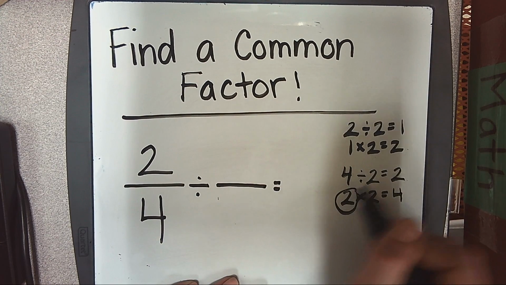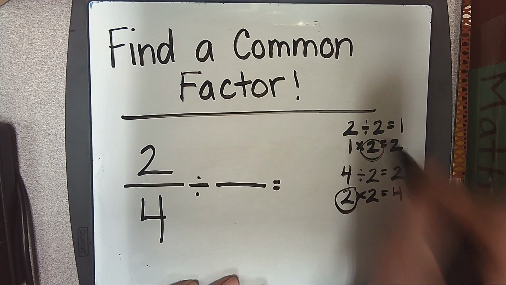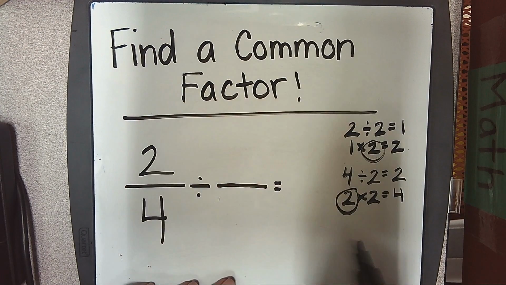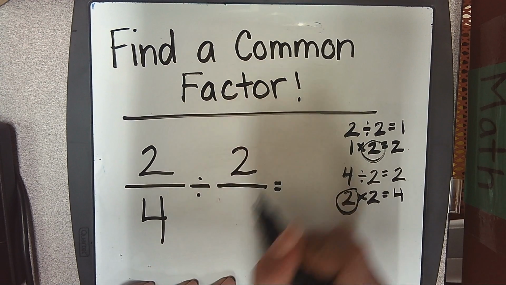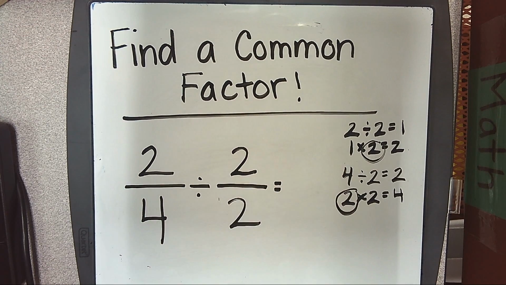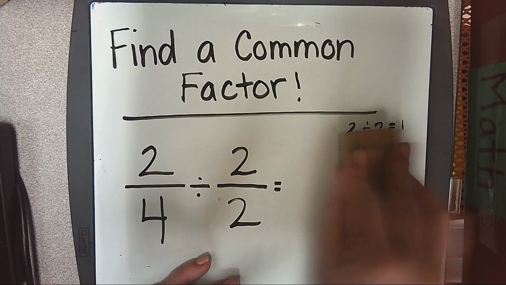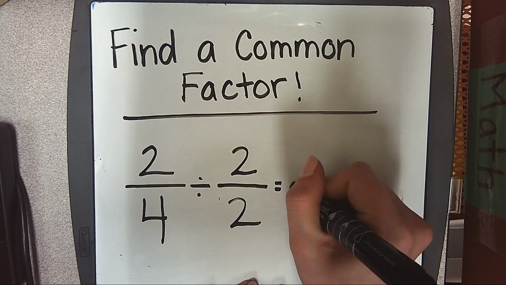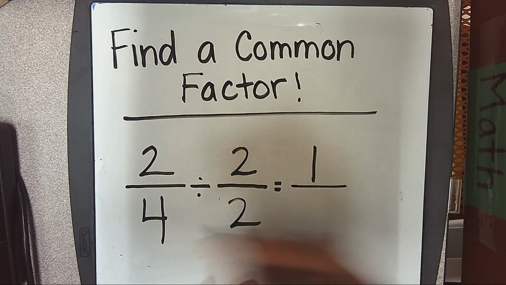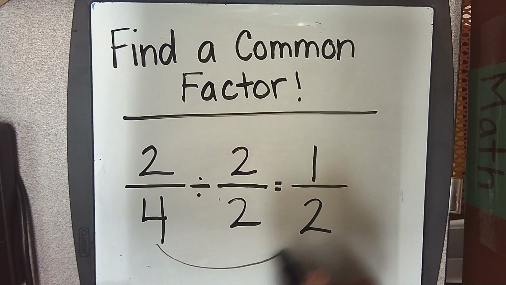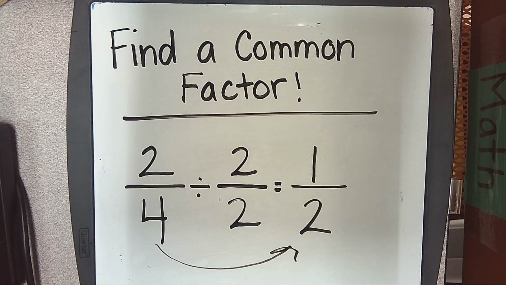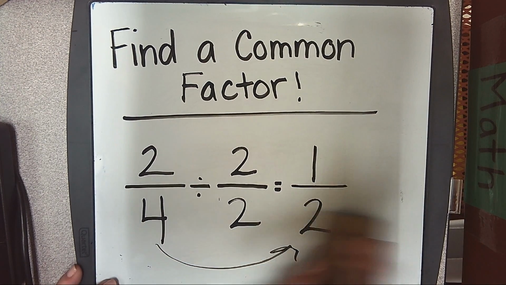So that is our common factor here, 2. We can divide 2 by 2, and we can divide 4 by 2 in order to find an equivalent fraction. 2 divided by 2 is 1, 4 divided by 2 is 2, 2/4 is equivalent to 1/2.